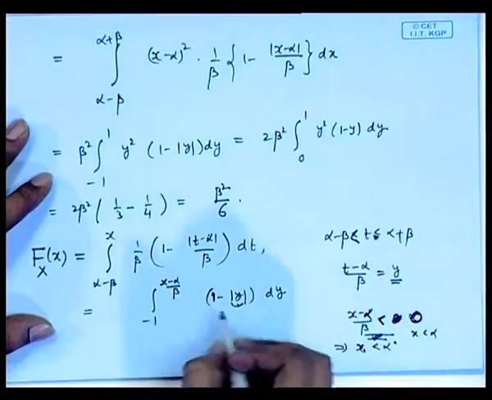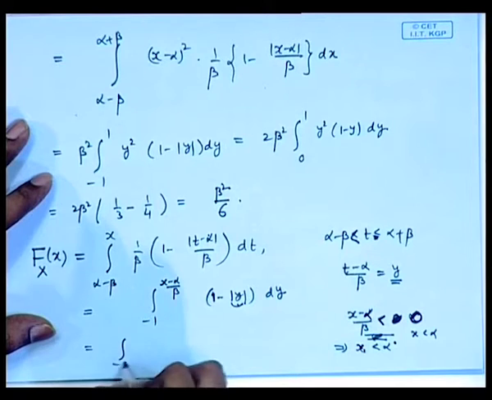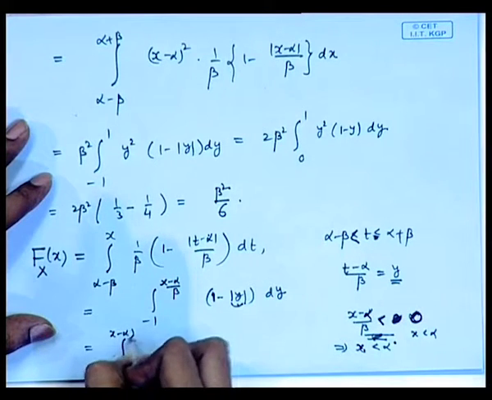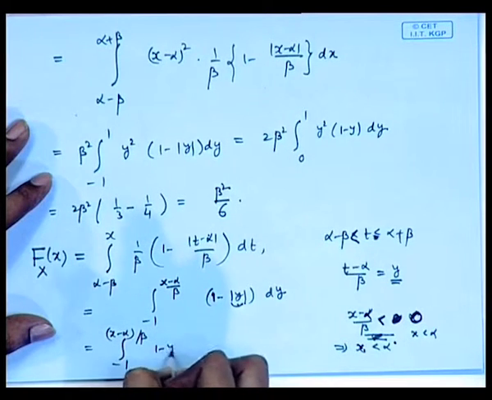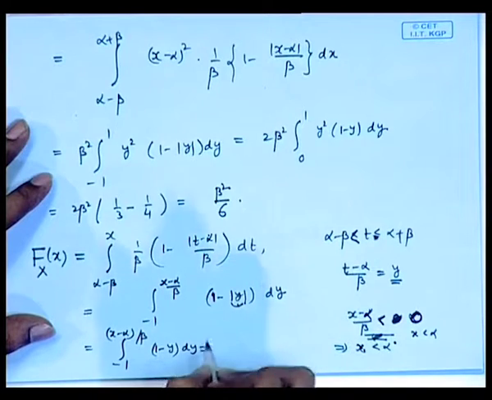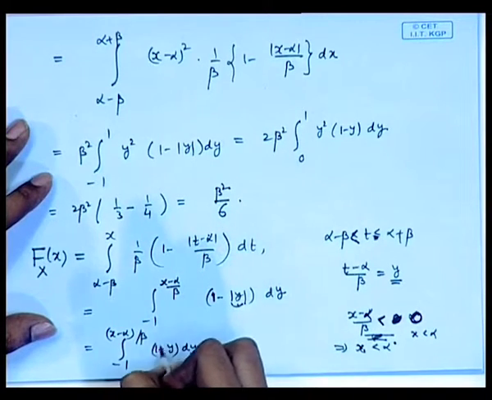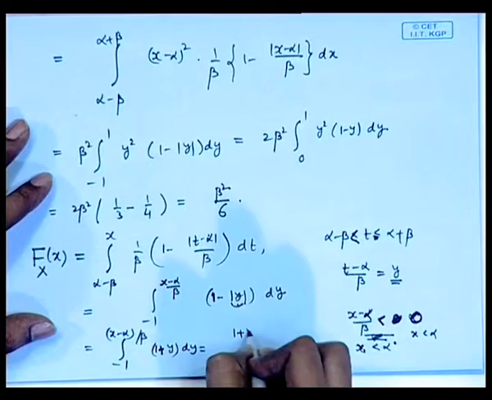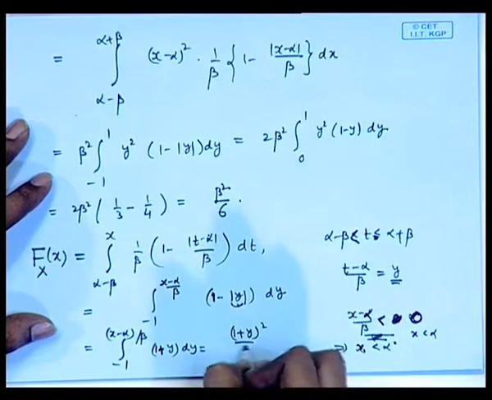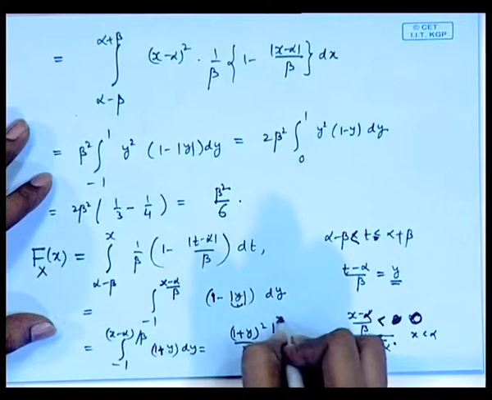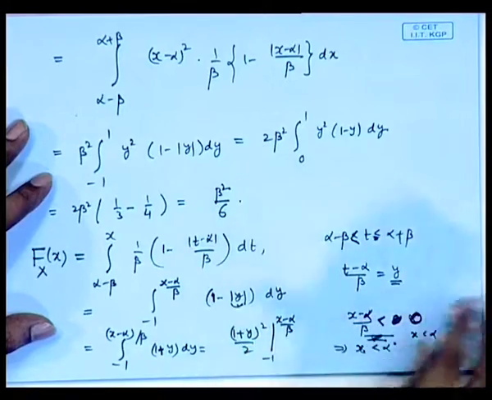If that is so, then this is equal to the integral from minus 1 to (x minus alpha) by beta of 1 plus y dy, which is simply equal to y plus y square by 2, from minus 1 to (x minus alpha) by beta.